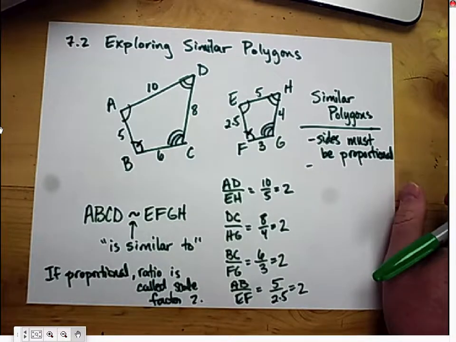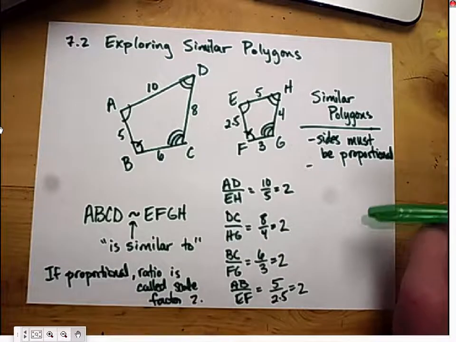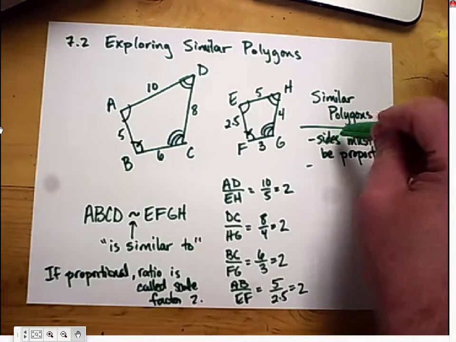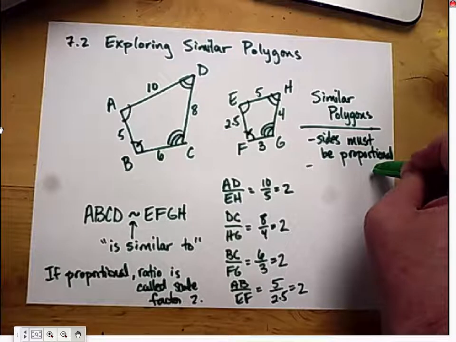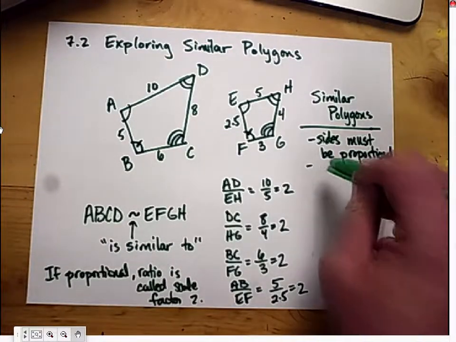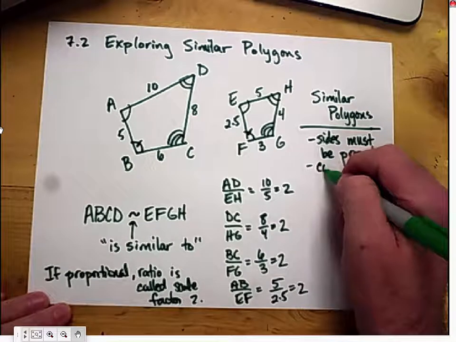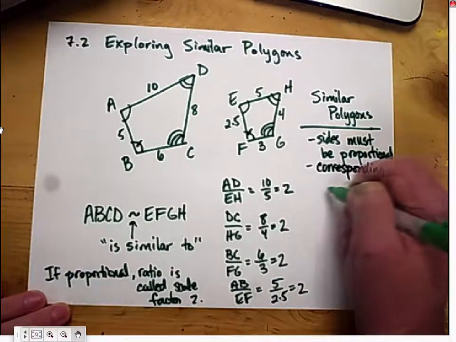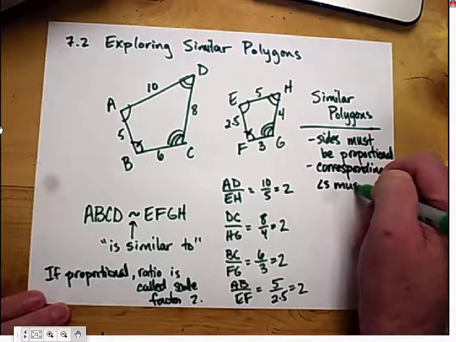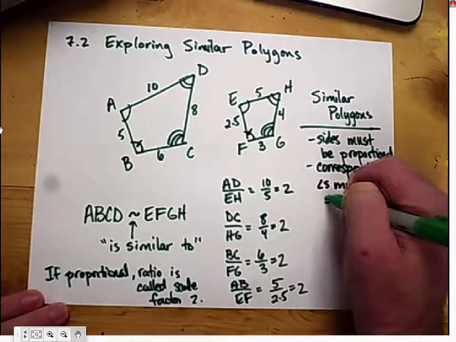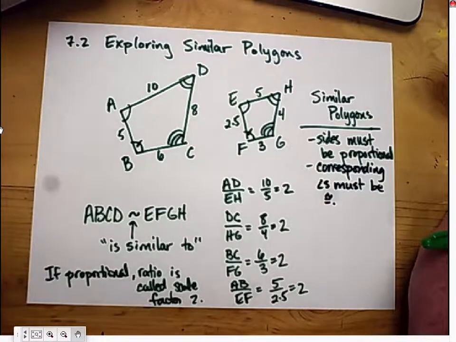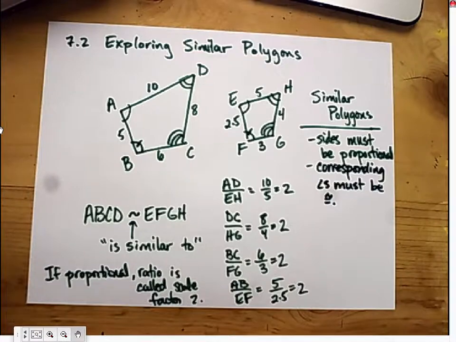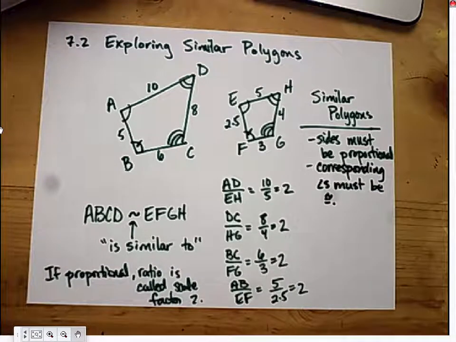So if the polygons are similar, the length of the sides have to be in proportion, and the angles, corresponding angles, must be congruent. So for right now, the only way to prove two polygons are similar are to show those two things.